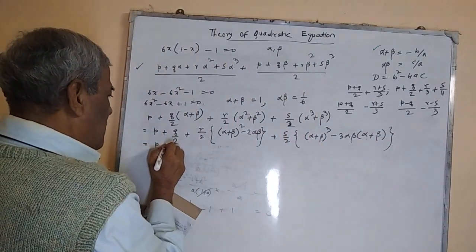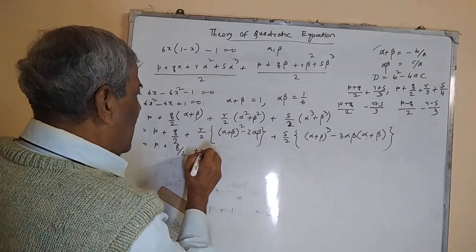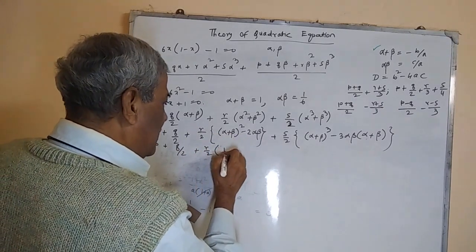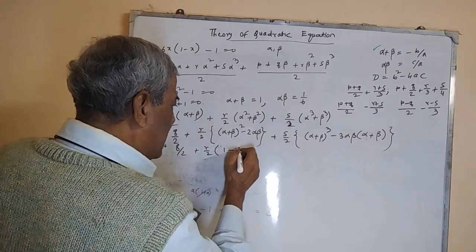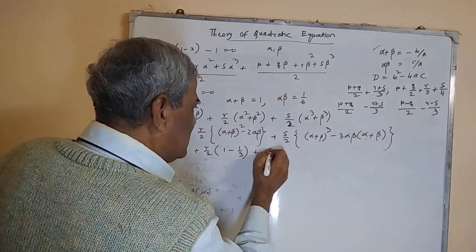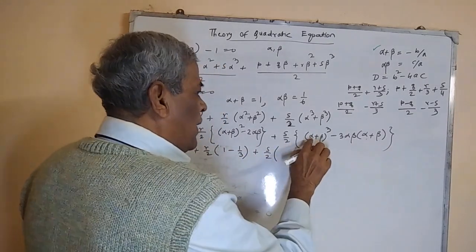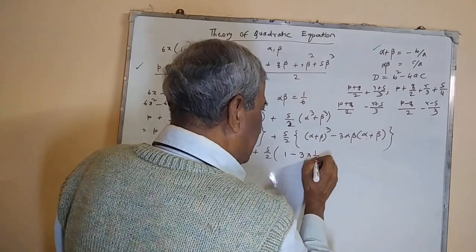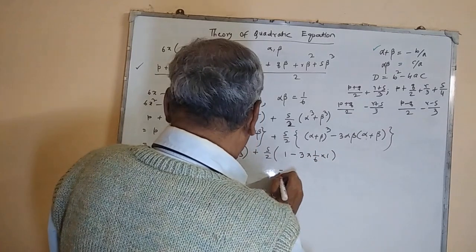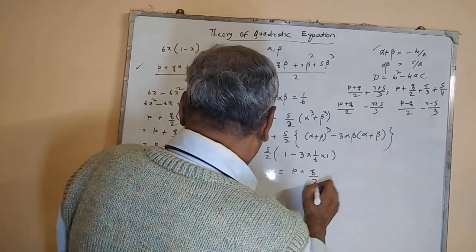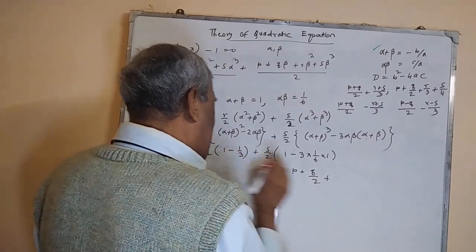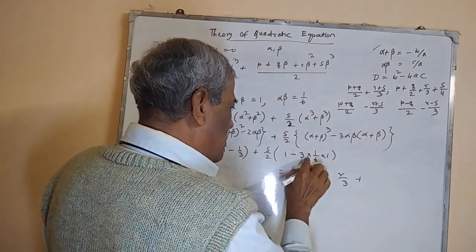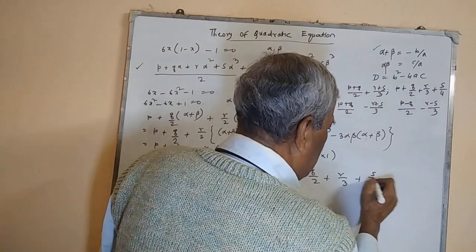So this is equal to p plus q by 2 plus r by 2 into alpha plus beta whole square means 1 minus 2 alpha beta, 2 by 6, 1 by 3, plus s by 2 into alpha plus beta is 1, 1 cube minus 3 into 1 by 6 into 1, is equal to p plus q by 2 plus, this is 2 by 3 r by 2, r by 3, plus this is 1 minus half, that is half, so s by 4.